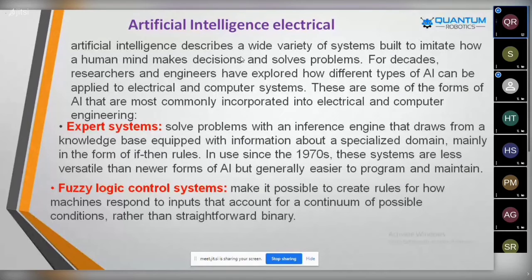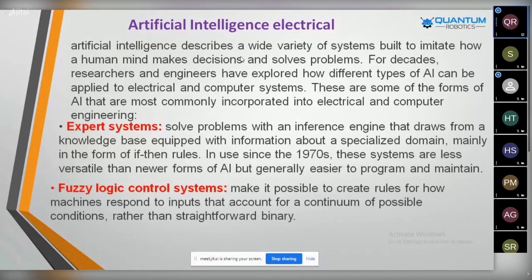The specialized domain means the particular task or job we are doing. Only on that particular job will it execute; it will not deviate into another task.